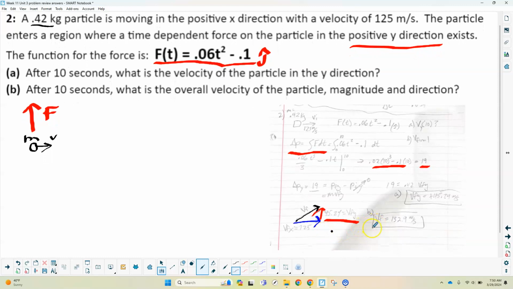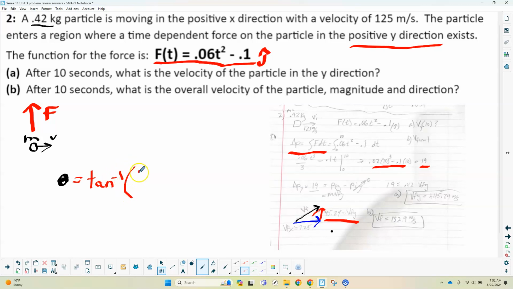When I did the Pythagorean theorem, 125 squared plus 45.24 squared, square rooted, I got 132.9. Then, solving for theta, theta should equal the inverse tan of the y over the x, just like we've done since the beginning of class with trigonometry, finding an angle.